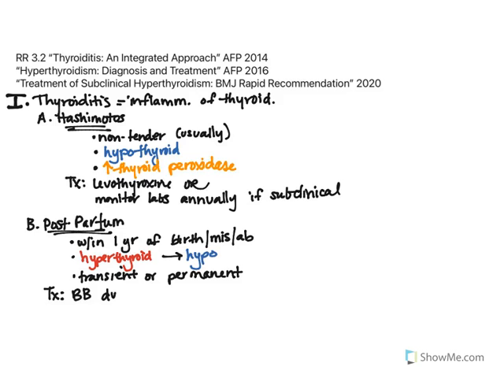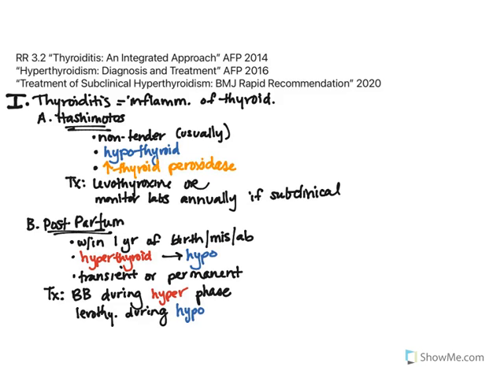Treatment during the hyperthyroid phase is with beta blockers. And then, of course, during the hypo phase, we would use levothyroxine or Synthroid or thyroid replacement in most patients.